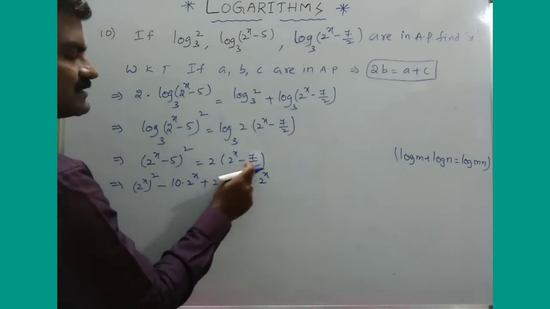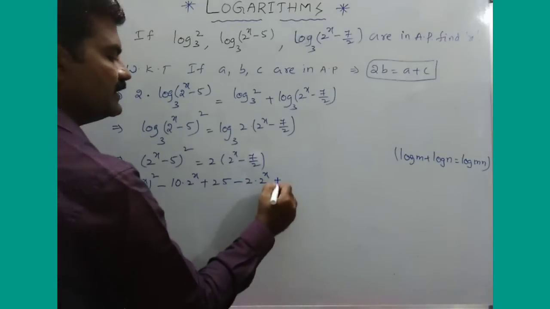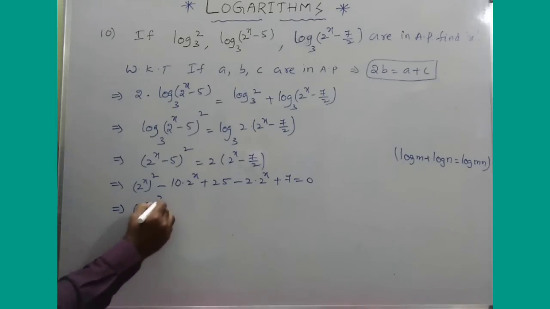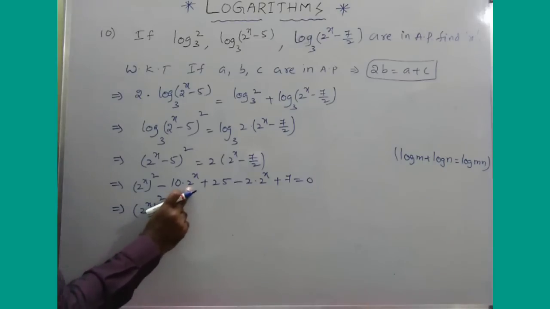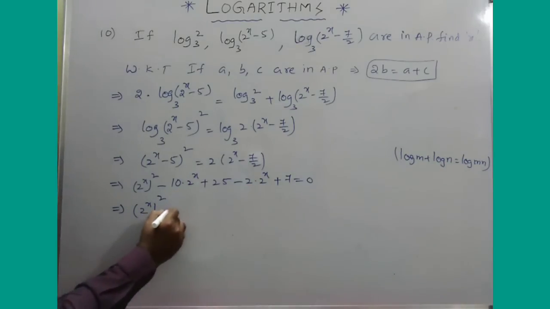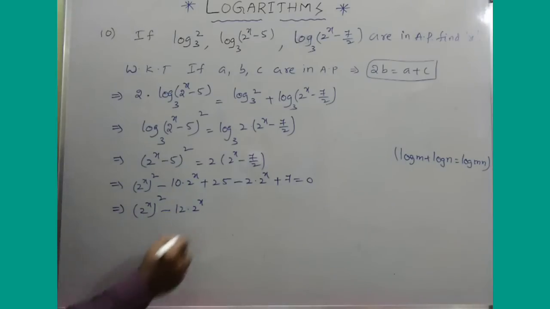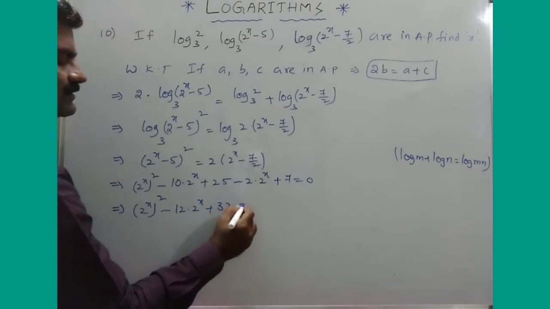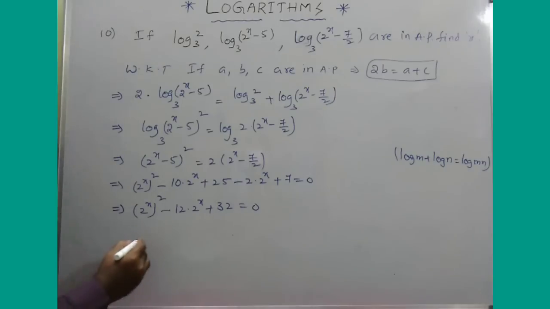After multiplication this value is minus 7, and if you bring it to this side, it becomes plus 7. So now this is (2 to the power of x) whole square minus 10 into 2 power x minus 2 into 2 power x, finally minus 12 into 2 power x, and 25 plus 7, which is 32, equals 0.